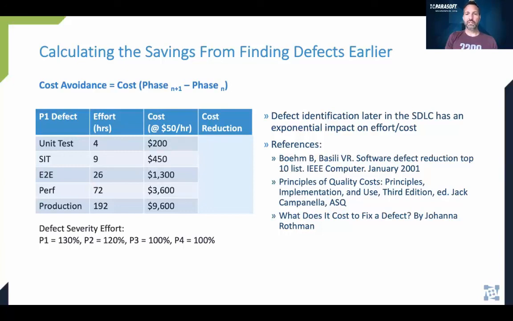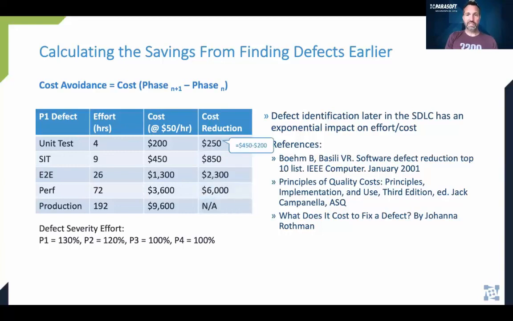But the reality is, these are some real numbers, right? And then depending upon defect severity, the cost in production would vary from 100% up to a P1 of 130%. Those are more costly to fix because of the speed at which they had to be done and what the implications were, the cost to the organization, et cetera.